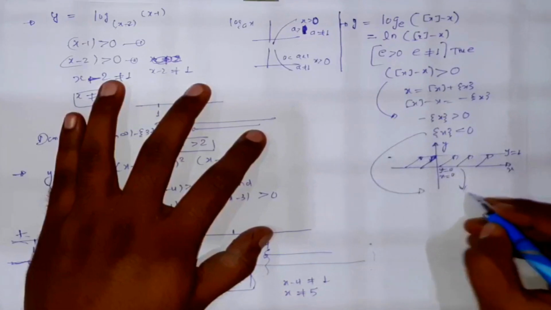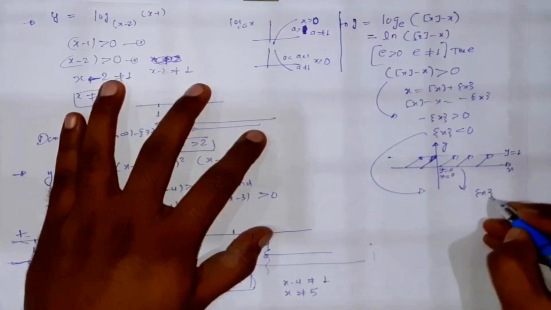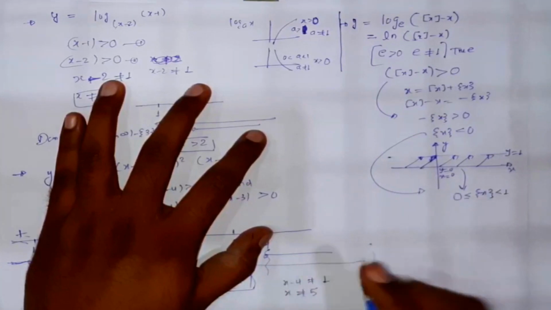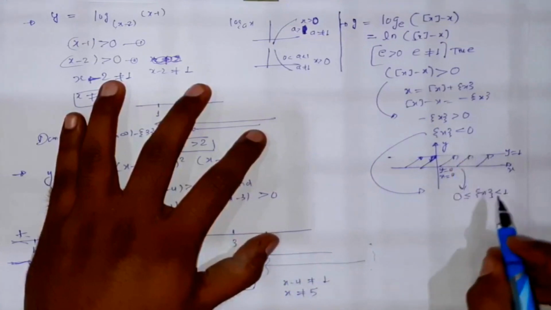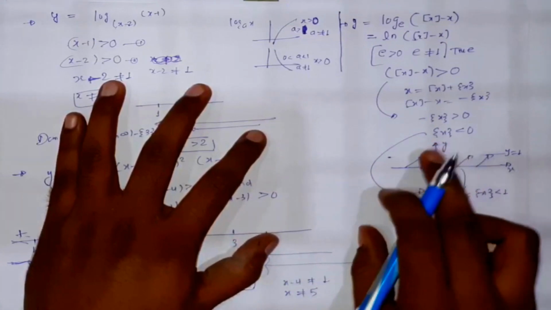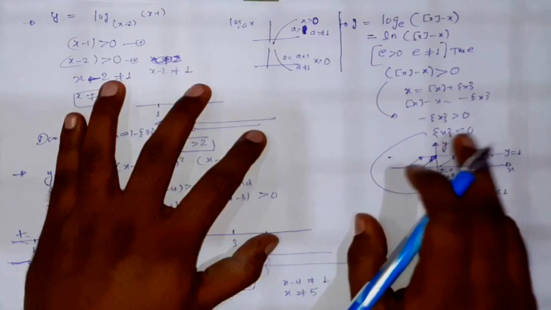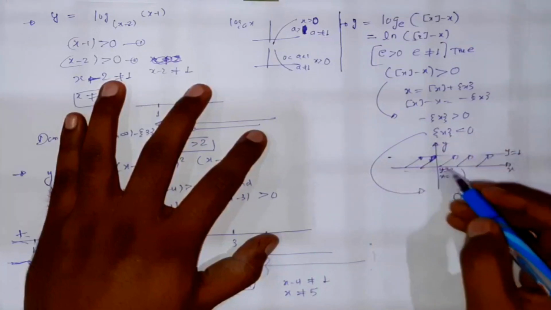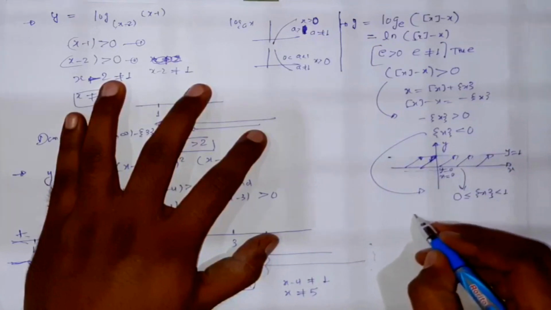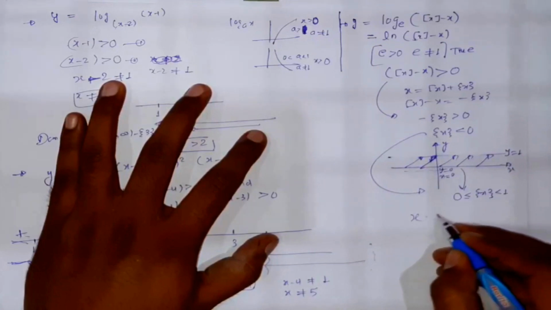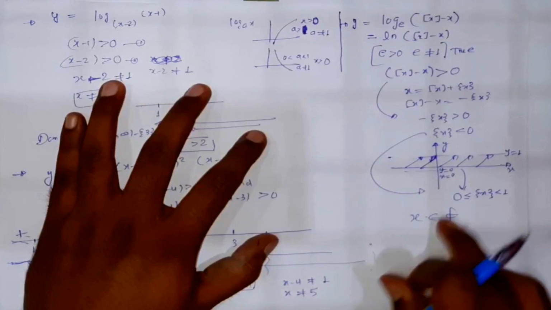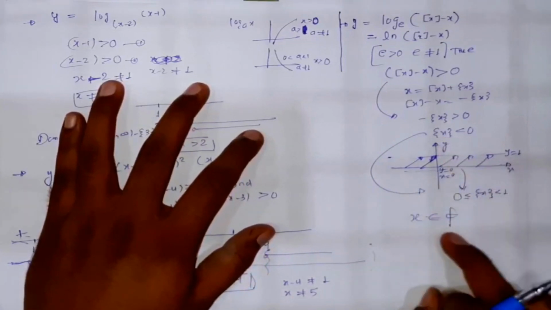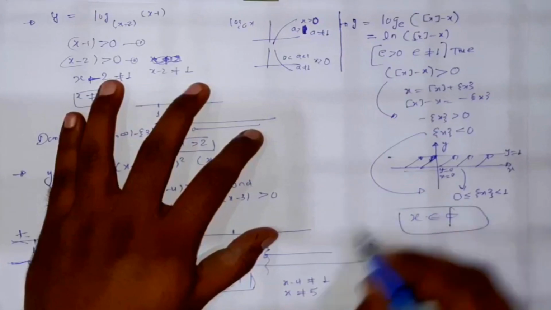With the graph we can say fractional part of x should be less than 1 and greater than or equal to 0. But this inequality is saying it should be negative. That means in this portion there will be no value of x for which this inequality is satisfied. So we can say the domain of this function will be empty. I hope it is clear to all of you.